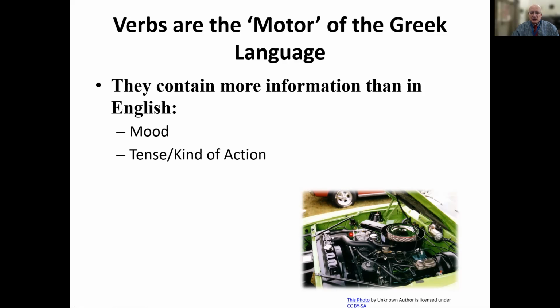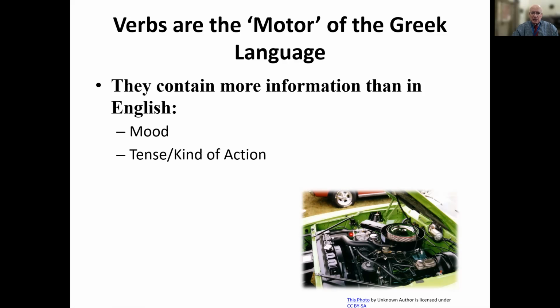The present infinitive, to loose, luein. The aorist infinitive is with the aorist stem, lus, with sigma at the end, plus alpha iota, lusai. Both are translated in English to loose, but the Greek verb carries the additional information of the kind of action.